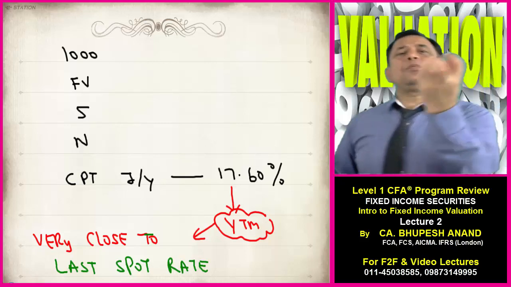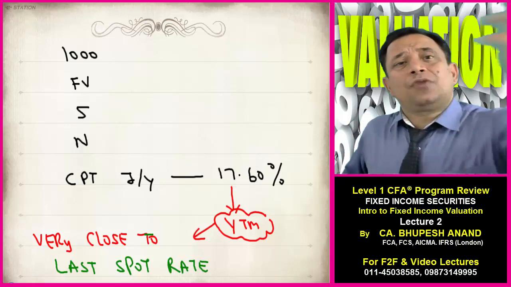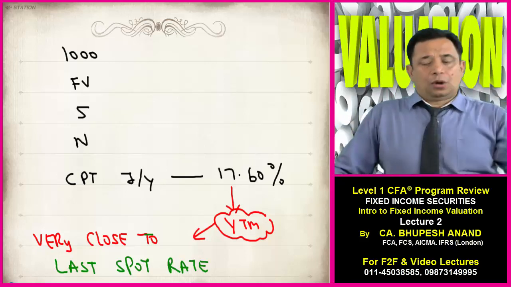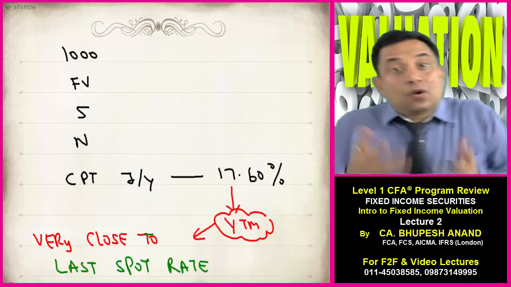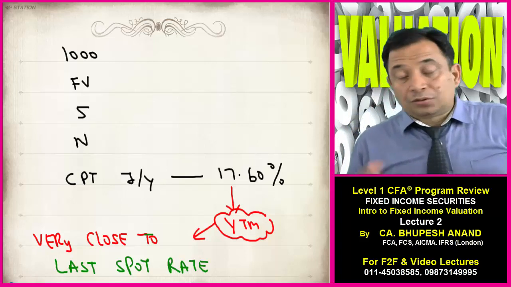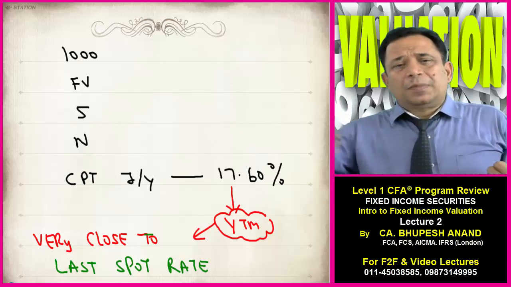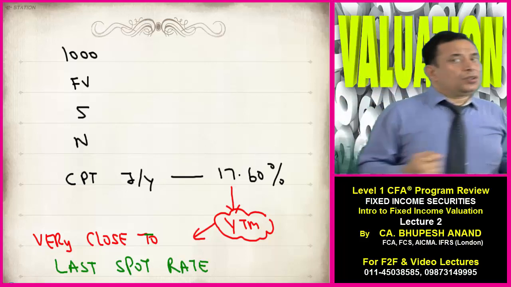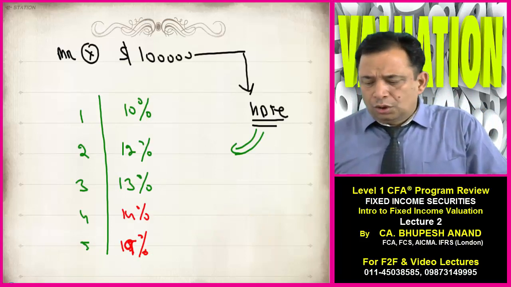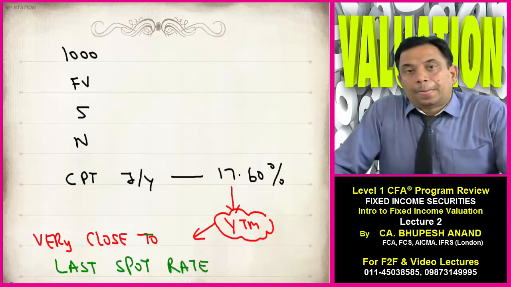It means 17.60 is a rate which is representative of all those five spot rates, and it is very close to the last spot rate, because the last spot rate is 19%. Just for the logic, I'm telling you that 17.60 is very close to the last spot rate. So like this, I have calculated how we can find the value of a bond if spot rates are given to me.